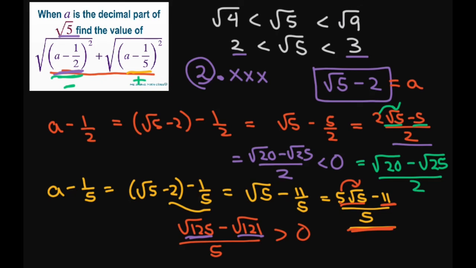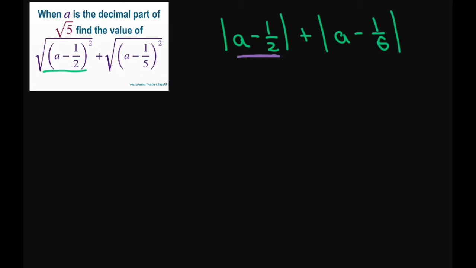So simplifying, we're going to have this part here is going to be absolute value of a minus 1/2 plus absolute value of a minus 1/5. All right, and as we determined, this part here is negative, so we're going to write negative (a minus 1/2).